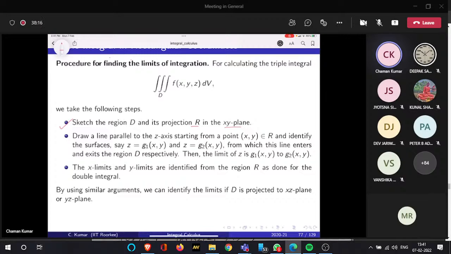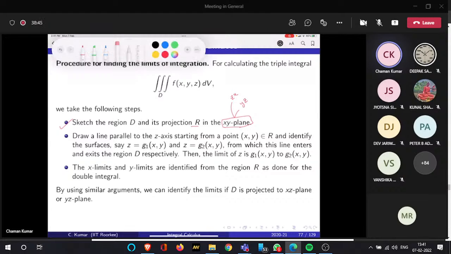It is not necessary that when you project the region D, you always have to project it in the XY plane. You can project the region D in the YZ plane also, but accordingly your limits will change. You can project the region D in the ZX plane as well, and then you change the order of integration.